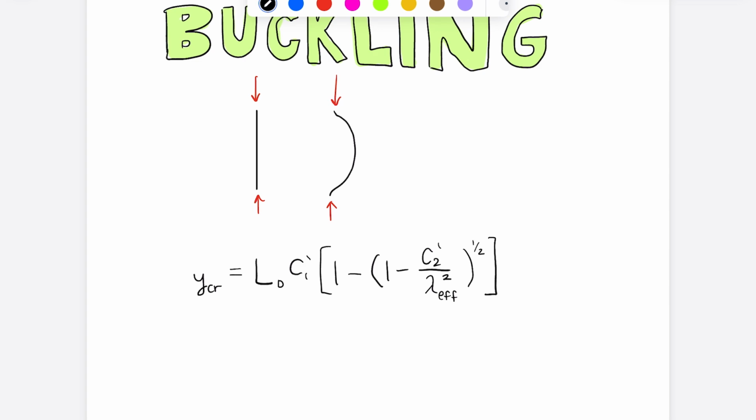Then we close these parentheses. Okay, so there's some constants in here that we haven't seen yet. Let's define them. C1 prime and C2 prime are dimensionless elastic constants.